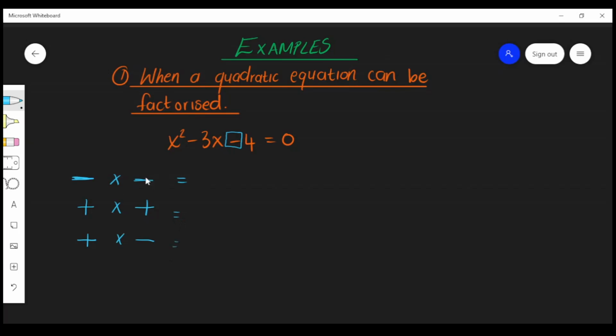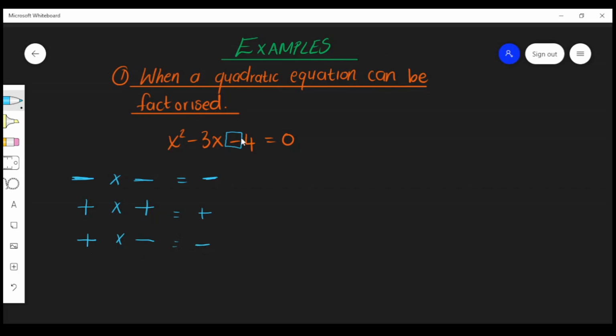Any negative value multiplied by any negative value will always give us a positive value. Any positive value multiplied by any positive value will give us a positive value, and any positive value multiplied by any negative value will always give us a negative value.